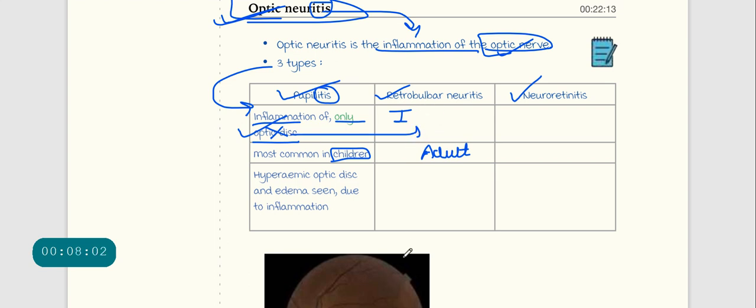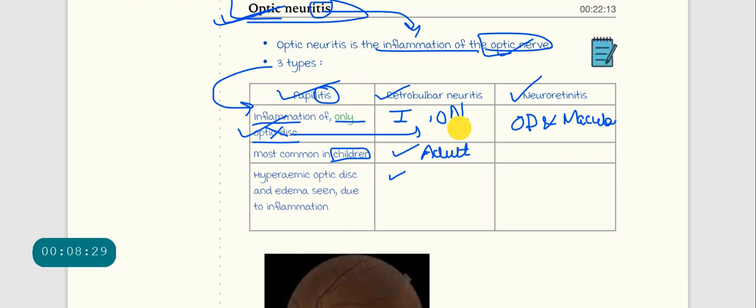Here neither the patient nor the doctor can see anything. The patient is unable to see due to this inflammation, and since it is at the posterior aspect, the doctor is also unable to diagnose or see it. So here the optic nerve is involved, not the optic disc.